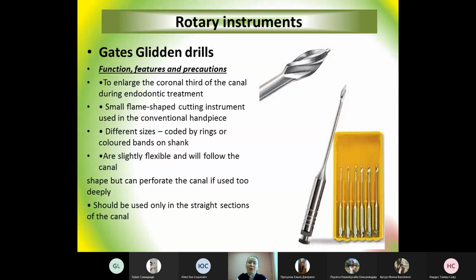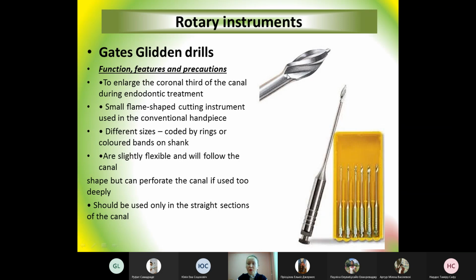And now, one by one, I propose to look at these instruments and try to understand their function and peculiarities of use. Let's start with the rotary instruments, and actually Gates-Glidden drills are the first instrument. Here you have this instrument, and here you have its magnified working end.